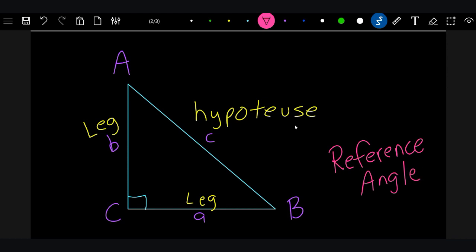The reference angle is the angle that we're talking about. If I say angle A, then angle A is the reference angle. In trigonometry, this is how we signify the reference angle: we put a little arc, a little curve, on the angle. So if I'm talking about angle A, I put a little arc on angle A.